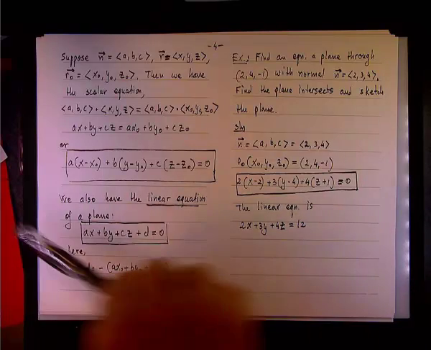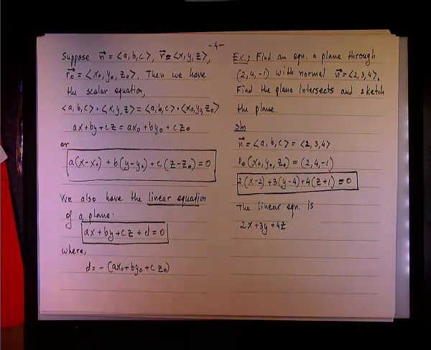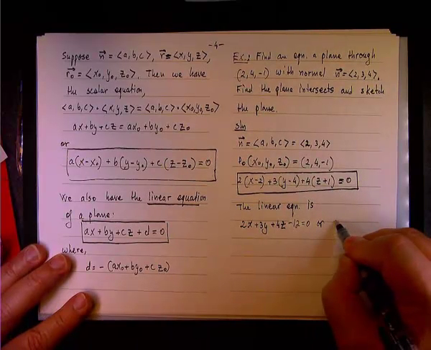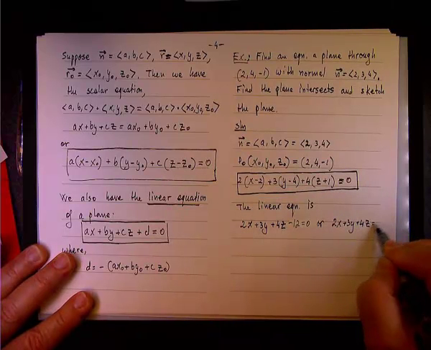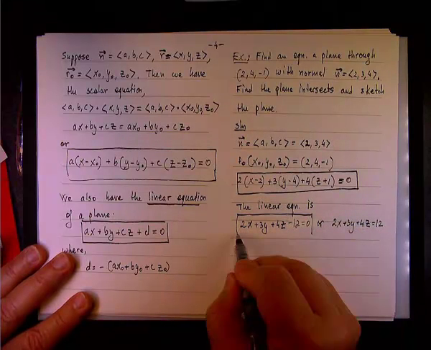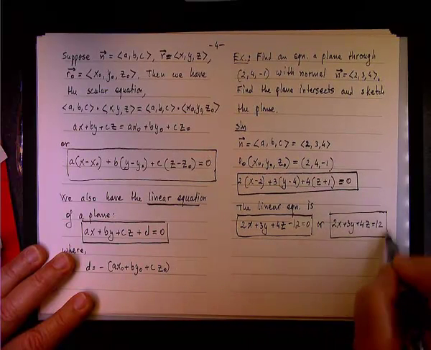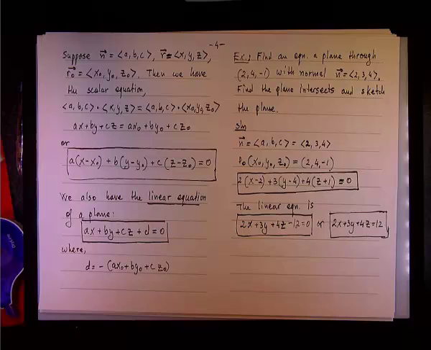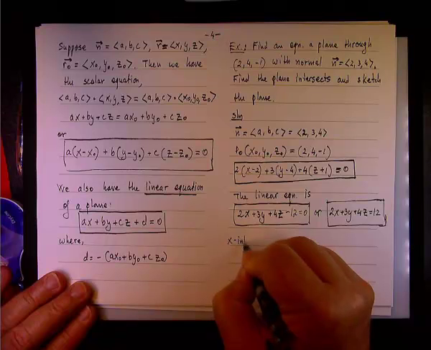So we can write it as 2x plus 3y plus 4z minus 12 equals 0, or Webwork will accept this form, 2x plus 3y plus 4z equals 12. Either one is good. The left is the standard form, but both forms are linear.